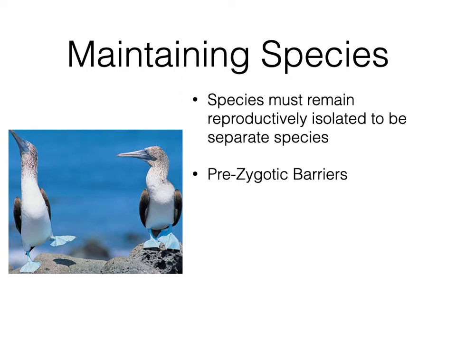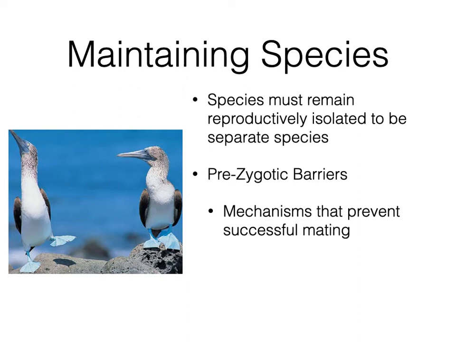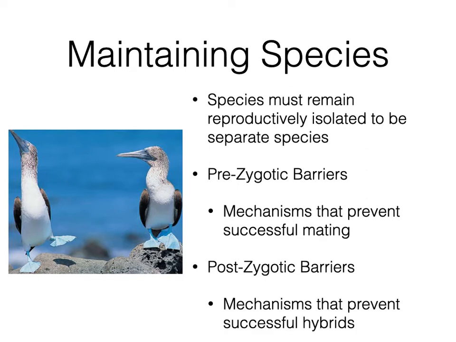And we can think of things as pre-zygotic barriers, so barriers that prevent the formation of a zygote, right? Mechanisms that prevent successful mating. And then we can think about post-zygotic barriers. So barriers that maintain the reproductive isolation of populations that prevent the formation of a successful hybrid.